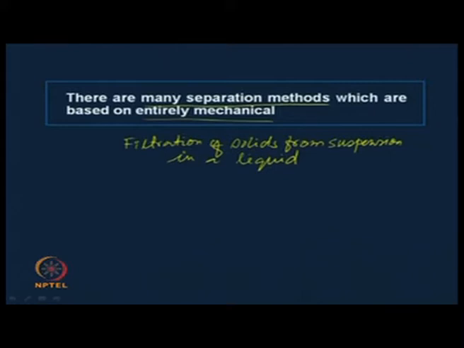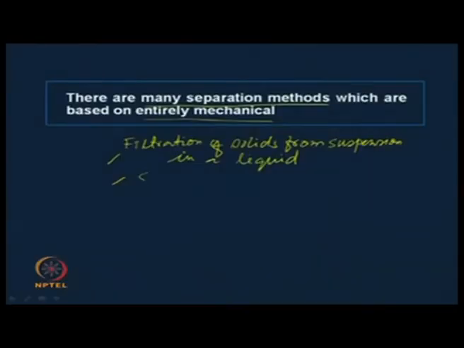We use a filter medium to filter the solid from the suspension. So, it is a completely mechanical operation. Another one is that if there is a mixture of solid materials and we want to separate them into different sizes, we use screening as the process by which we can obtain different size fractions of the particles, and this is also a completely mechanical separation.